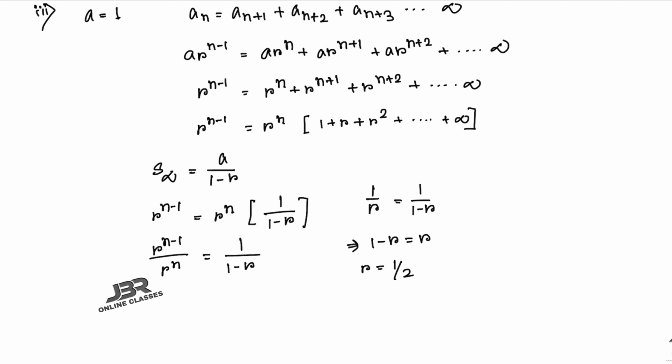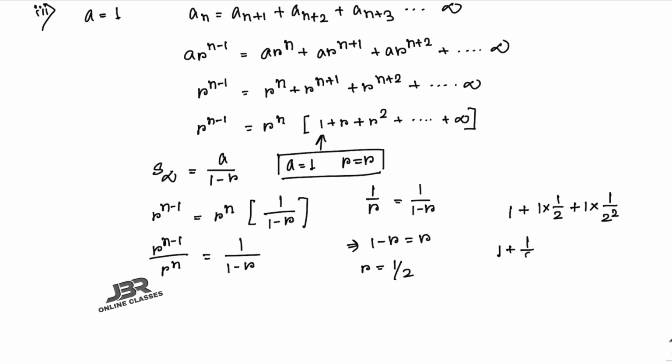So hence the required GP will be 1 plus then 1 into 1 by 2, because here a equal to 1, the first term, and r equal to here r. So here 1 into 1 by 2, then next one here 1 into 1 by 2 square. So in this way here 1 plus 1 half plus 1 by 4 plus dot dot dot up to infinity as your answer.